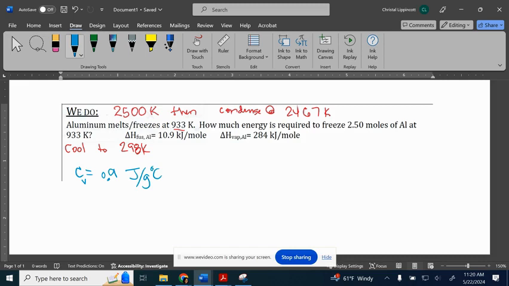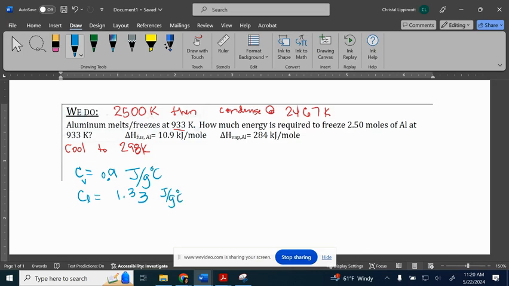I also need the specific heat for aluminum liquid. So this is for vapor, this is for liquid. That is going to be 1.33 joules per gram degrees Celsius.